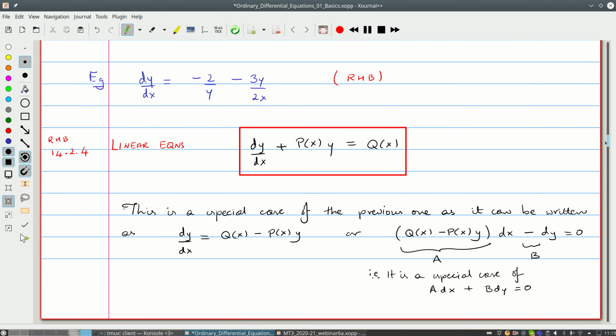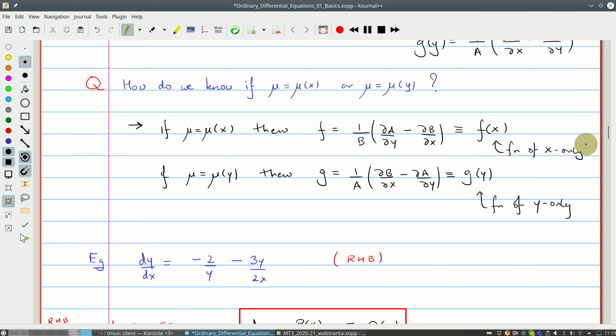This is something you really have to try out. Just make this thing exact, find the integrating factor. This is an example from Riley's book, so you'll find a solution there.